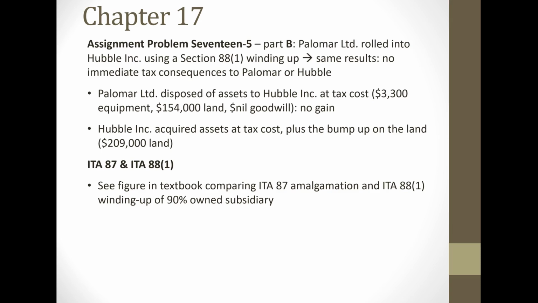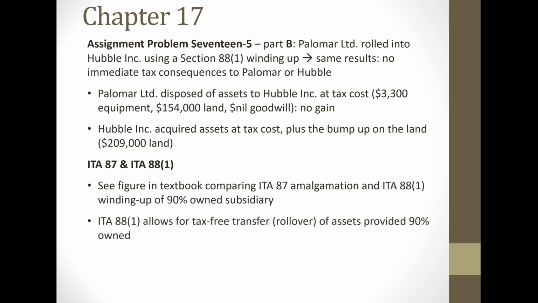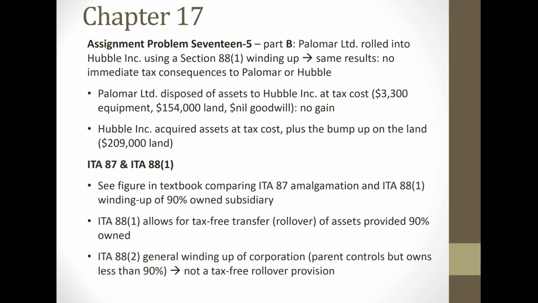There are some minor differences, but generally speaking, there are no immediate tax consequences under either section. Now, a Section 88(1) wind up allows for the tax-free transfer or rollover of the assets provided 90% is owned of the subsidiary by the parent. Now, in the textbook, there's also a Section 88(2) wind up.